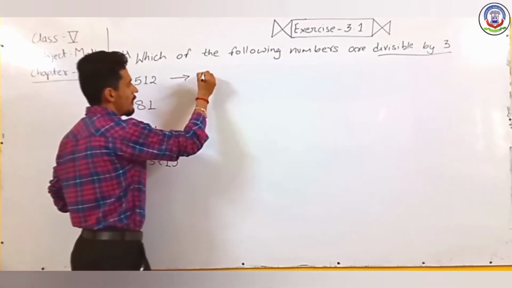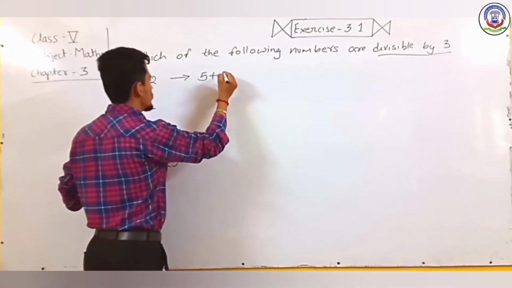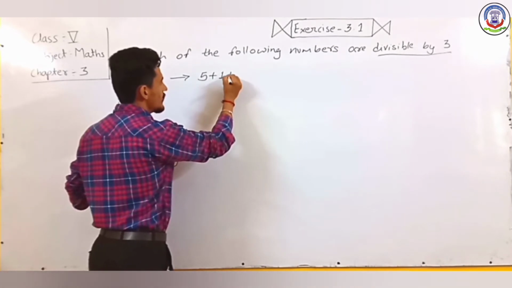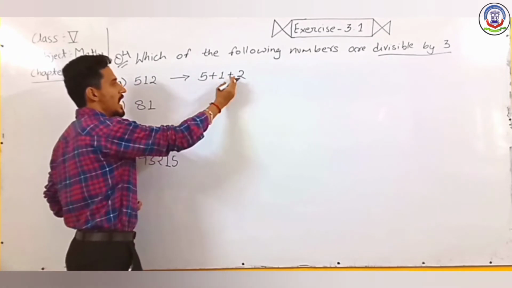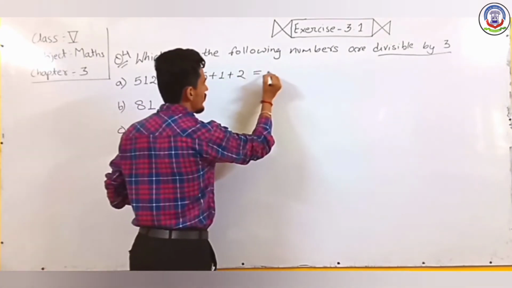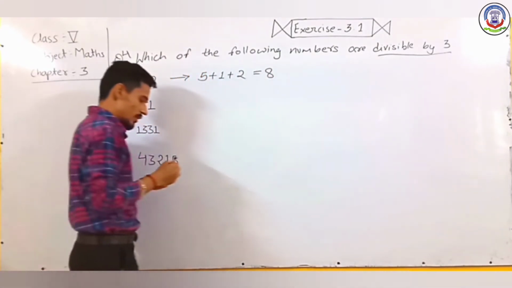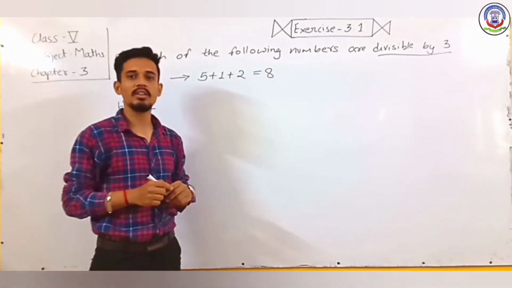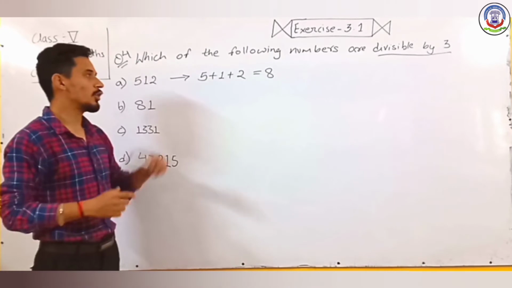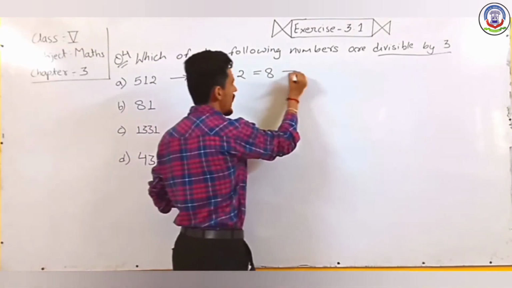512. In this we have 5 plus 1 plus 2. So addition of 5, 1 and 2 is 8. So we can say that 8 is not divisible by 3. So 512 is also not divisible by 3.